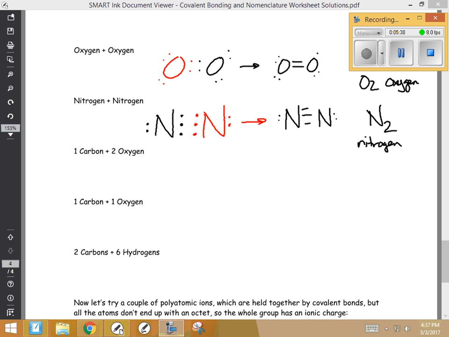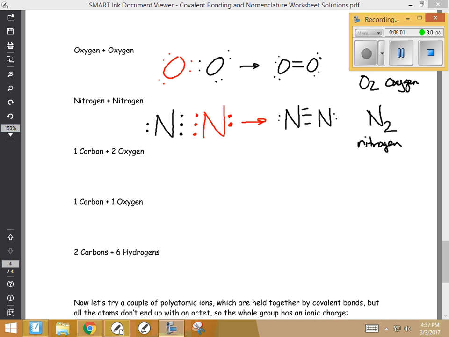We can look at it like that. Nitrogen has a triple bond. Each nitrogen donates 3 electrons and forms 3 bonds. That's a triple bond, and it still has 2 unshared pairs. Formula for both of those, O2 and N2.